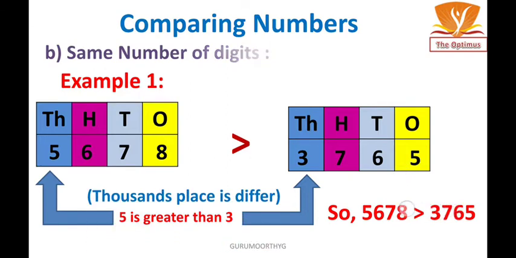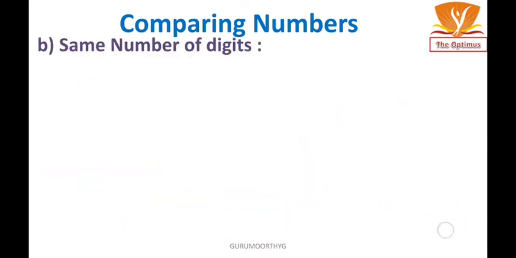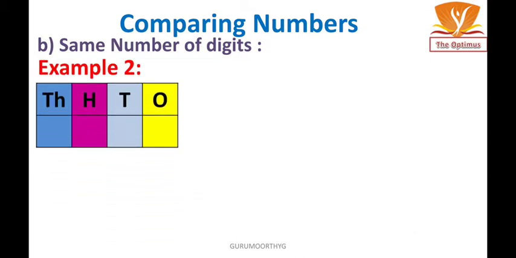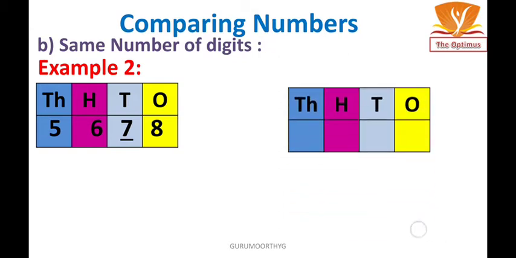Example 2. We want to compare these two numbers. 5678: 5 in thousands place, 6 in hundreds place, 7 in tens place, 8 in ones place. Second number 5687: 5 in thousands place, 6 in hundreds place, 8 in tens place, 7 in ones place. Here we first compare the thousands place. Both numbers have the same thousands place. Next we compare the hundreds place. The hundreds place is also the same.